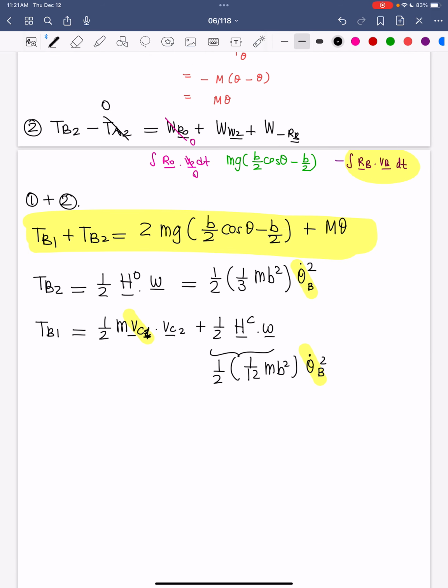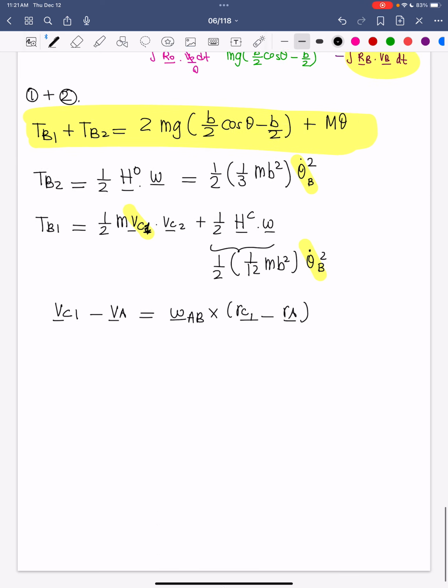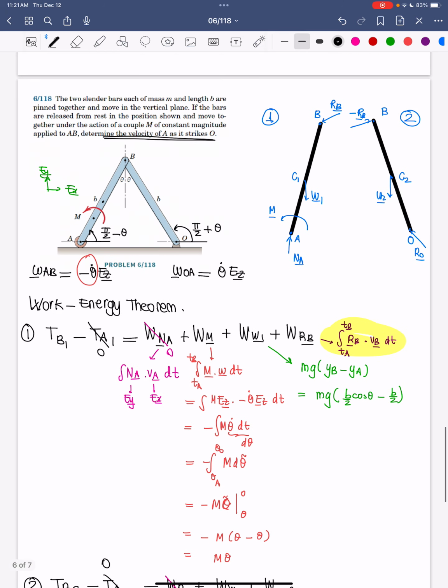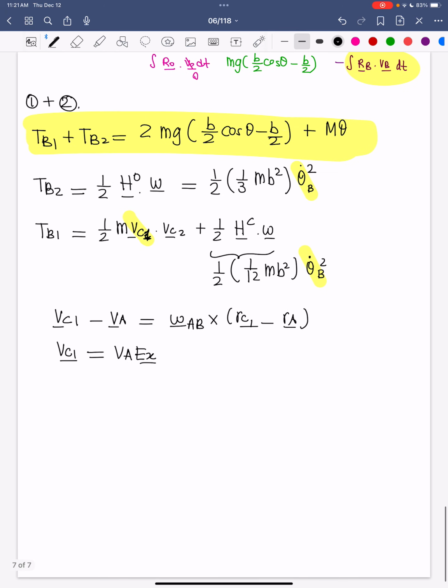That's 1. vC1 minus vA is equal to omega AB cross rC1 minus rA. vC1 we need to find, that's vA along EX. And omega AB we said is equal to minus theta dot EZ, and we're looking at instant 2 when rC minus rA is just vertical.